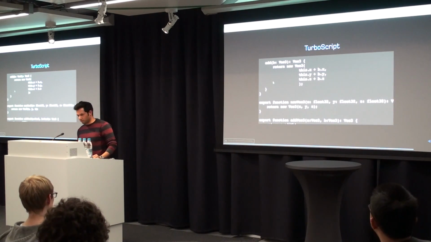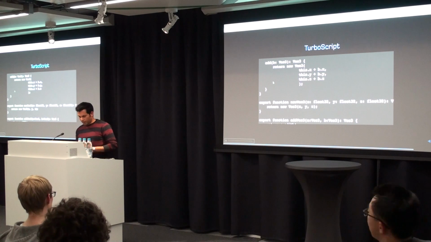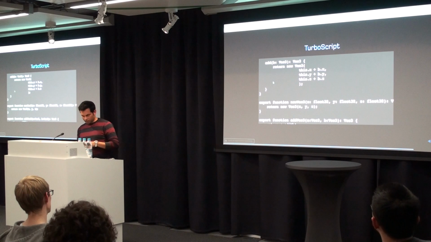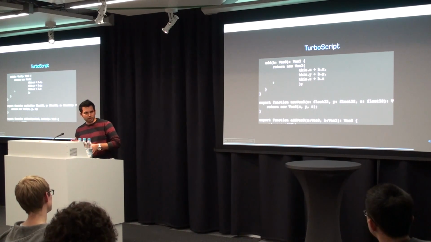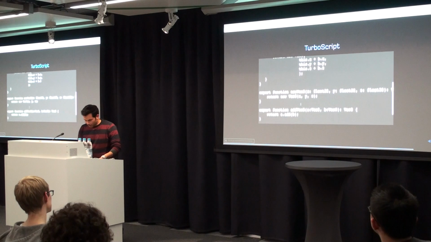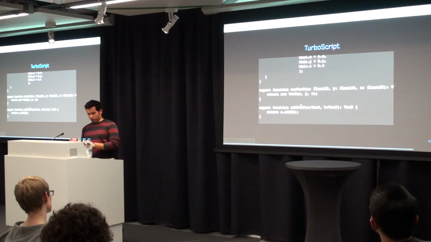Right now, if you're only using TurboScript, everything is inside TurboScript. That's okay, because you don't need to worry about the naming conventions, because it will automatically call the appropriate functions. You can also export only functions, like a new vector, and it will return a pointer.